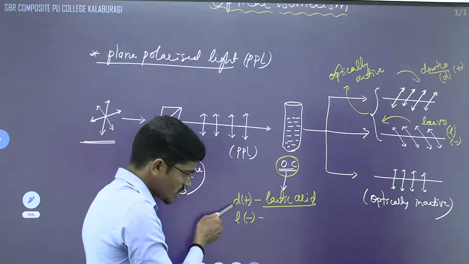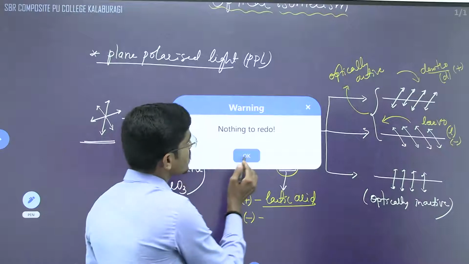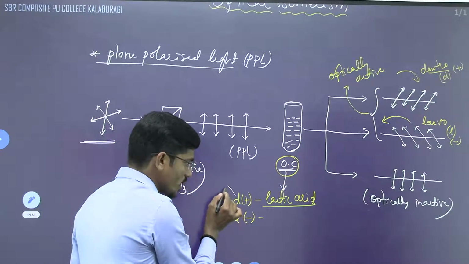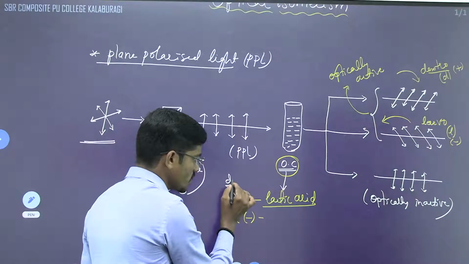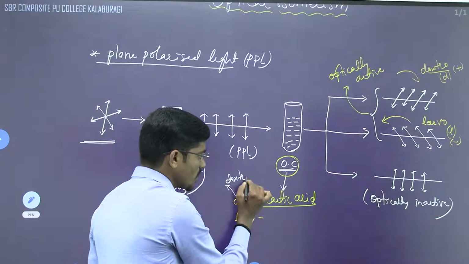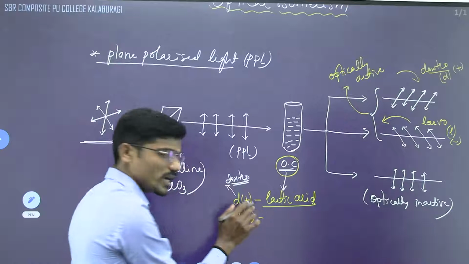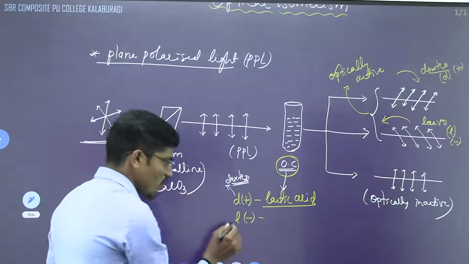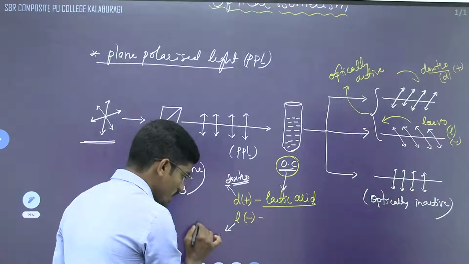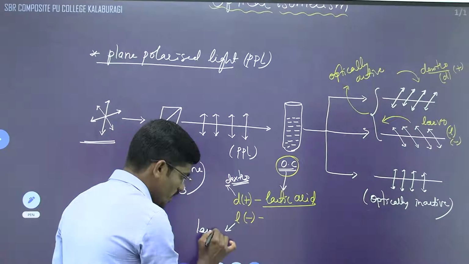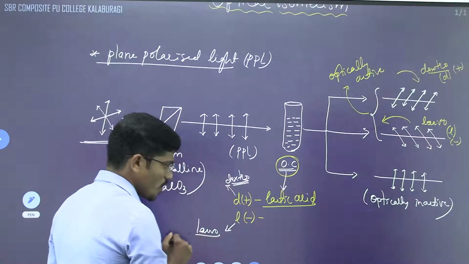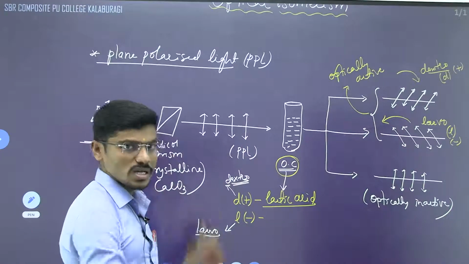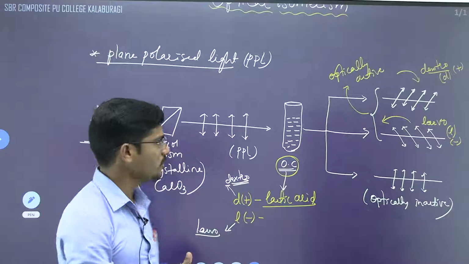So the term D represents dextrorotatory. That means the compound rotates the plane polarized light towards the right direction, whereas L stands for levorotatory, meaning the light is rotated towards the left direction. Is it clear?